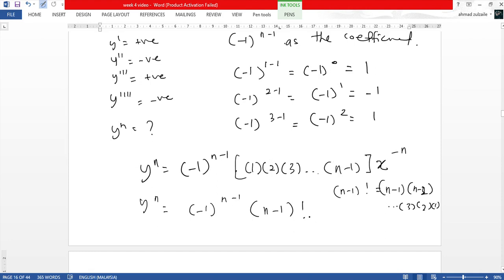So you have negative 1 power of n minus 1 multiplied by n minus 1 factorial, over x power of n, because you have negative n as a power, so we bring down the power and put it as the denominator. This is the final answer.